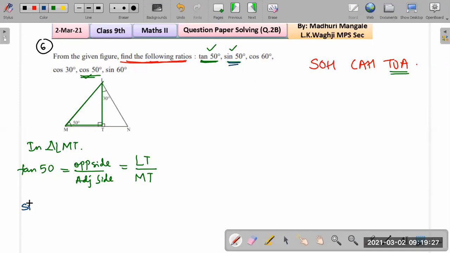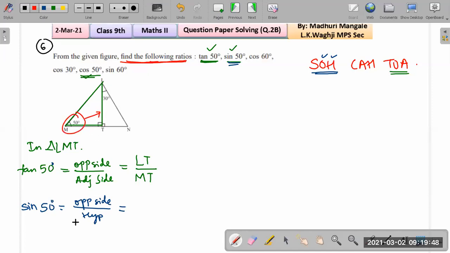Sine of 50. You just need to write the ratios. Sine of 50 degrees is opposite upon hypotenuse. Let me write it out: opposite side divided by hypotenuse. What is opposite to 50 degrees? LT.